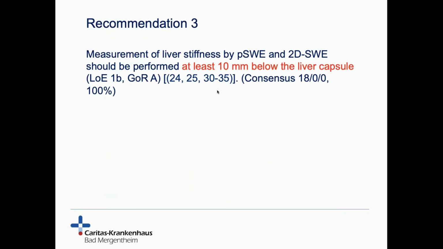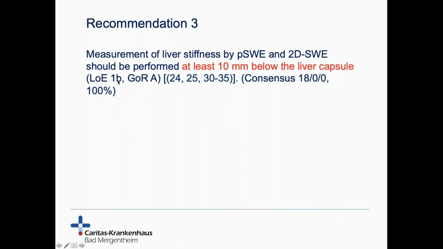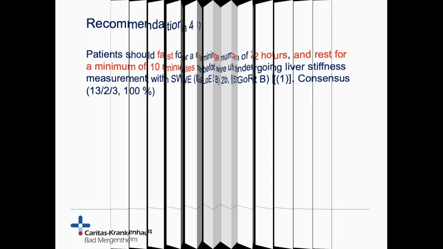Measurement of liver stiffness by point shear wave elastography and 2D should be done at least 10 millimeters below the liver capsule. There is a high level of evidence for that. And there should be a fast for a minimum of 2 hours and a rest of at least 10 minutes.